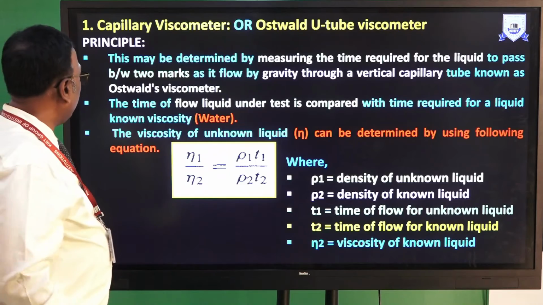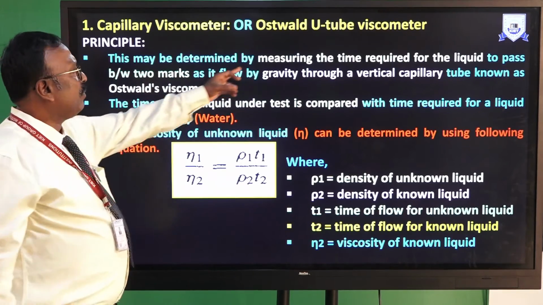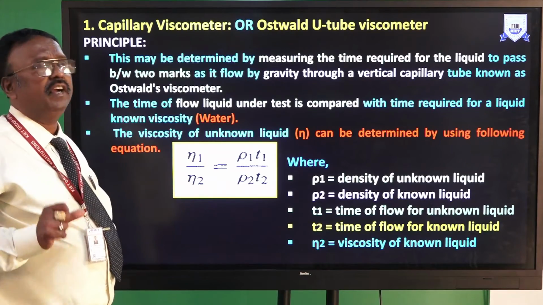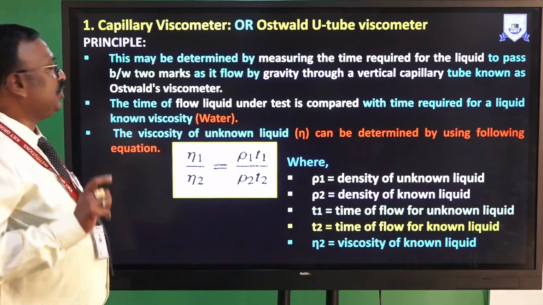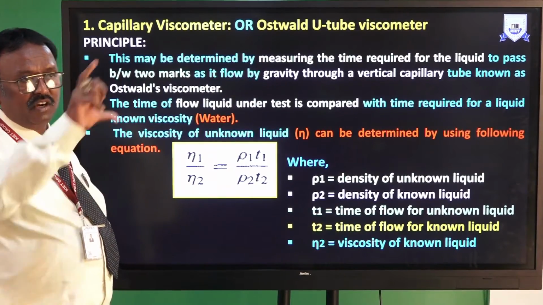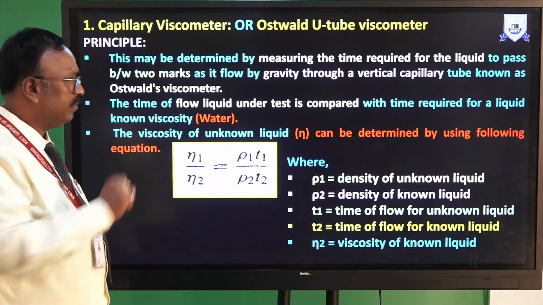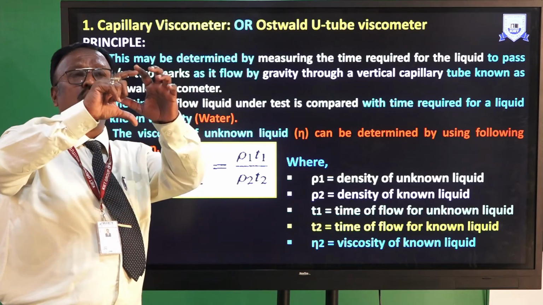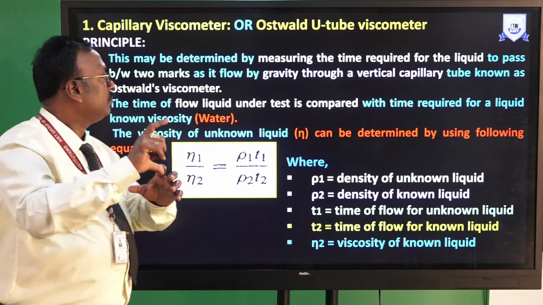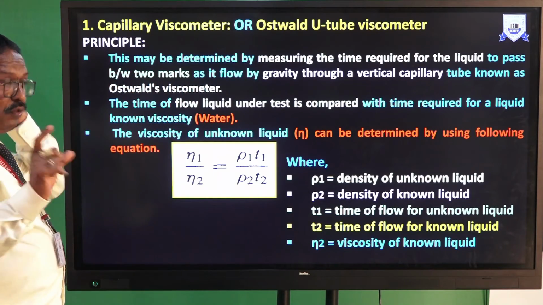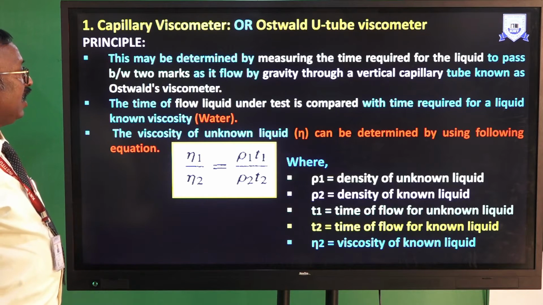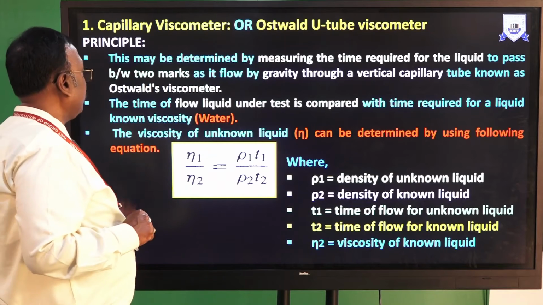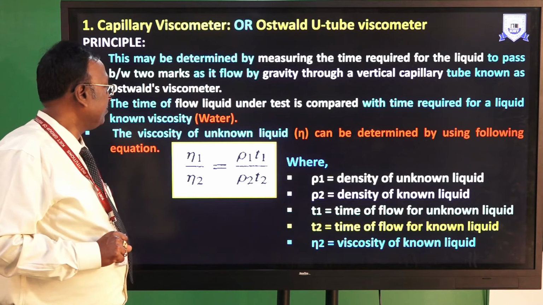The main principle is that viscosity may be determined by measuring the time required for the liquid to pass between the two marks, from mark 1 to mark 2, only due to gravity. The flow by gravity through a vertical capillary tube is known as Ostwald viscometer.